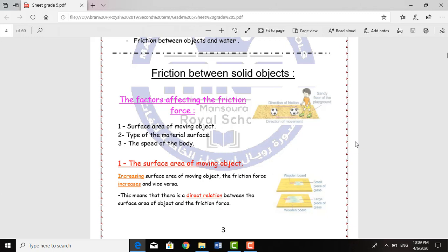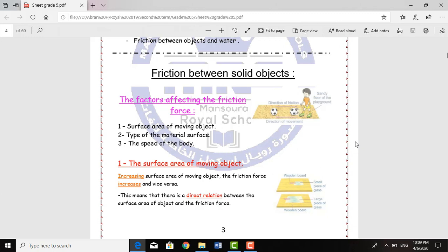The surface area means whether the surface that touches the other surface is large or small, and the rule is by increasing the surface area of the moving object, the friction force increases and vice versa. Vice versa means that by decreasing the surface area of the moving object, the friction force decreases.